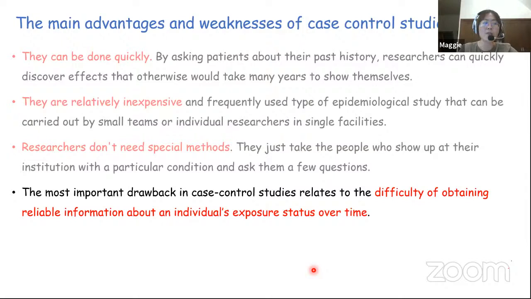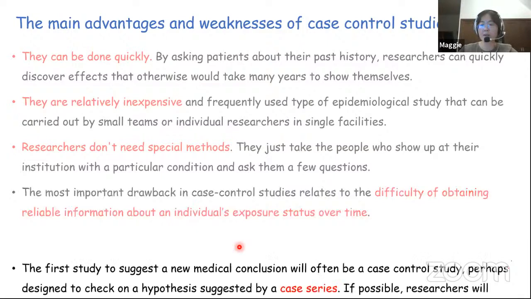And also for the question of how often they smoked, they maybe can remember last month they smoked 2 packs per day. But 10 years ago, maybe they cannot remember how often they smoked. So sometimes when you ask them questions, the data you get from them may not be that reliable. So this is the major disadvantage of case control studies.